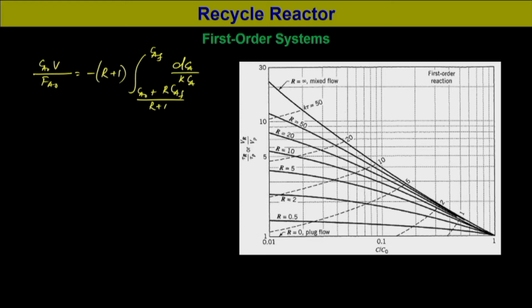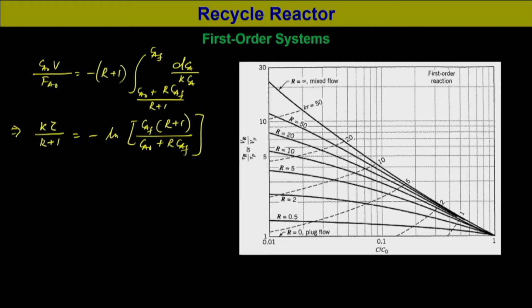So, if we integrate, we will get k tau by (R plus 1) equal to minus ln of CAF into (R plus 1) divided by (CA0 plus R CAF).